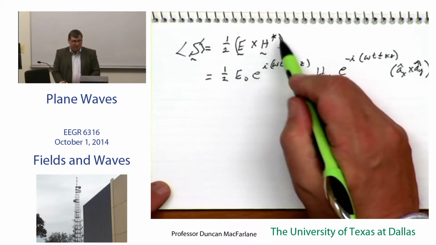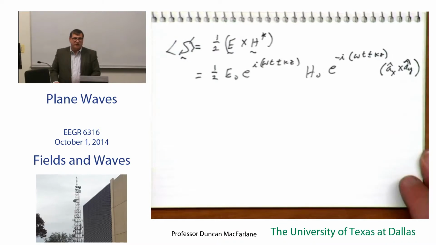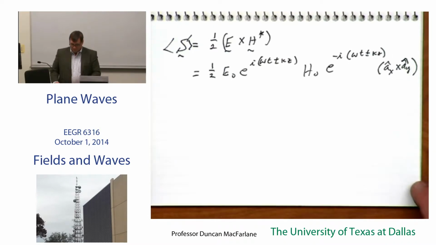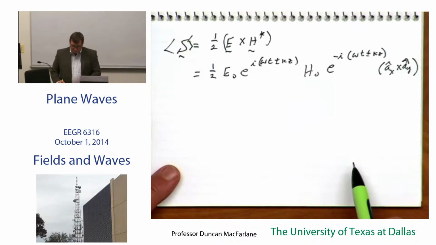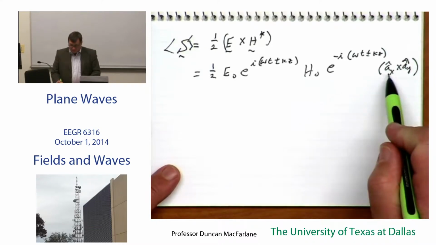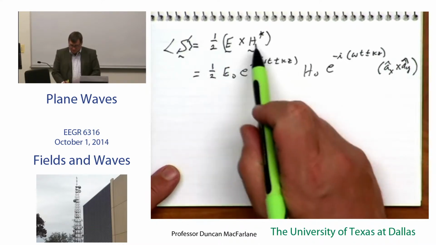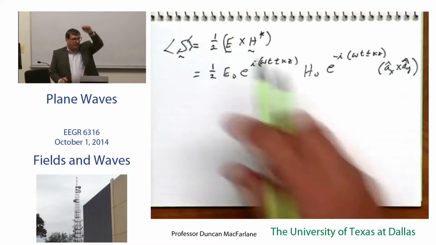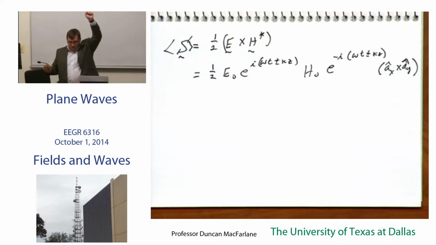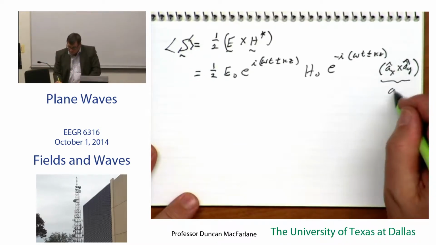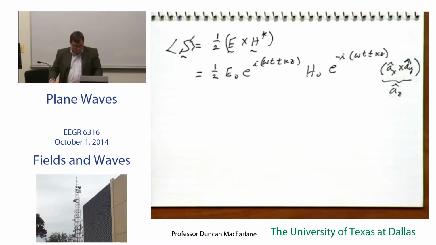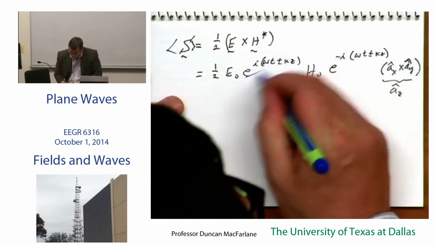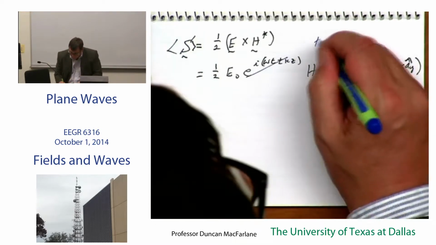I'm just using a little trick of complex conjugate notation. So my time dependence cancels out. And notice that I have E crossed with H. E points in the x direction, and H points in the y direction. So when you cross those together, you get A sub z. So that guy cancels with that guy by time averaging.